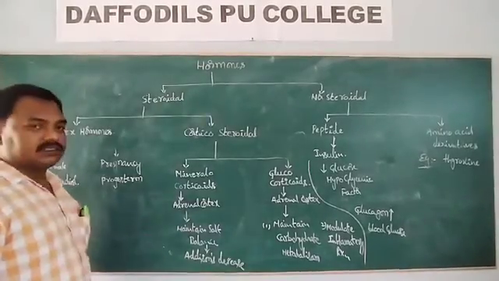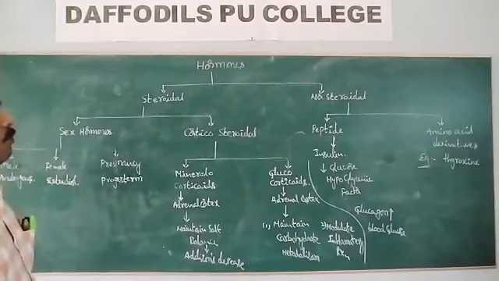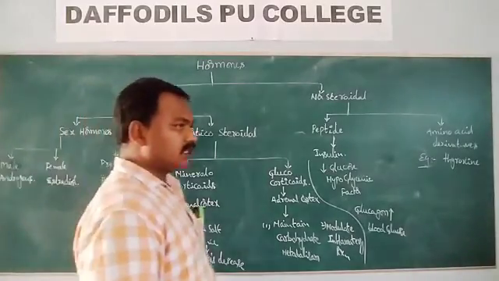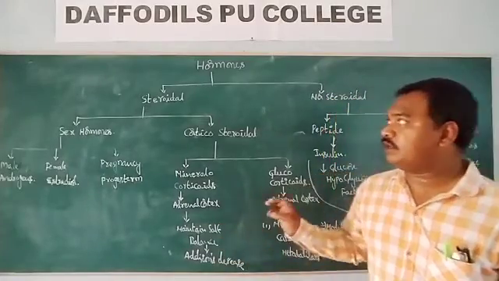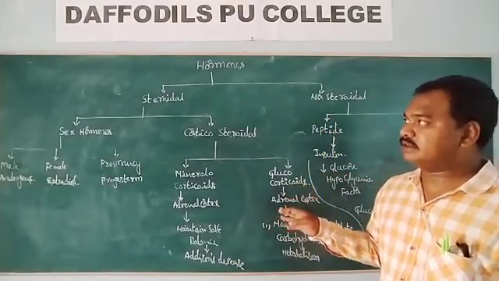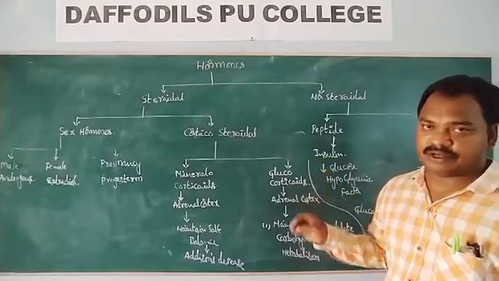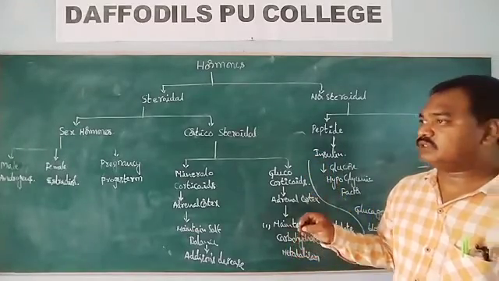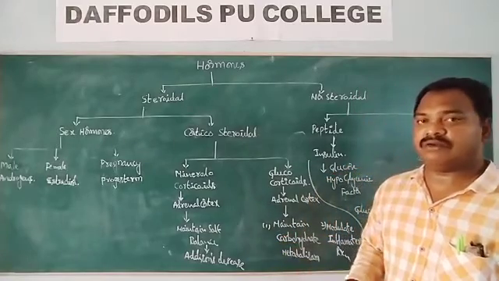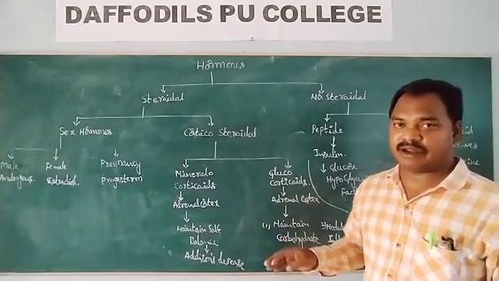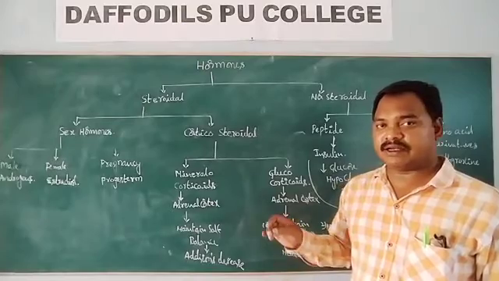Our next topic is hormones. These hormones are cellular messengers. They are secreted by some tissues present in our body. The glands are known as endocrine glands or ductless glands.